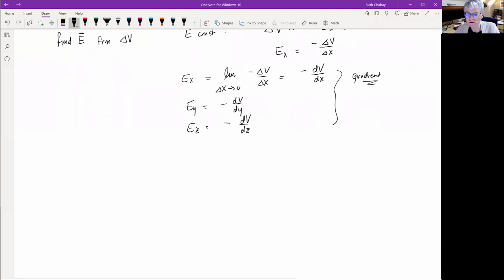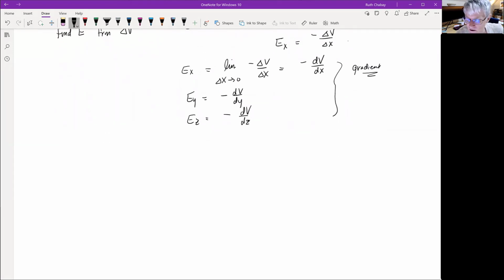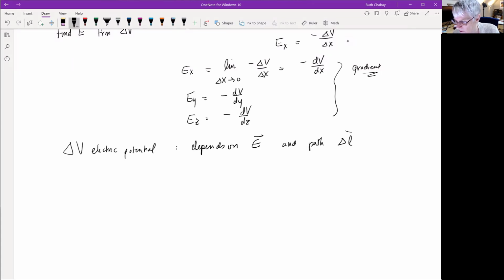Okay, so what we've done is we've found electric potential. It depends only on the field and the path, the displacement.